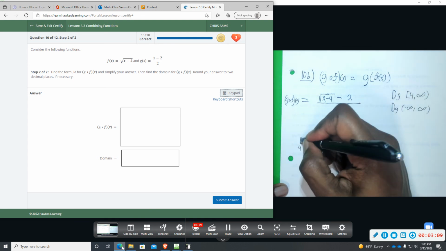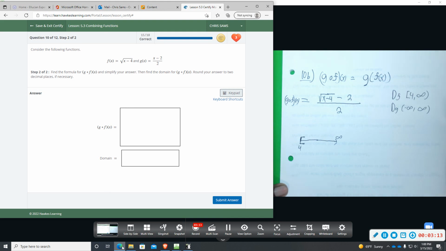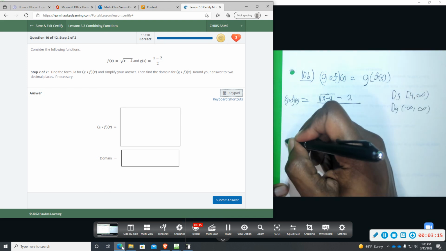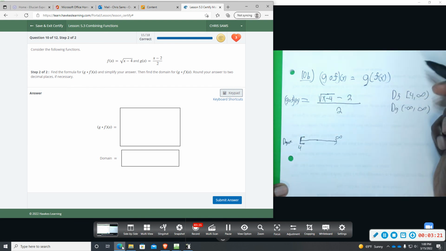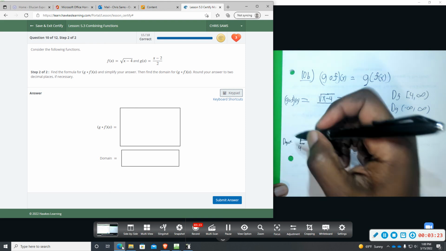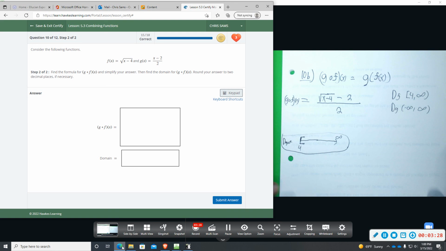So we don't get any new restrictive values there, and we don't have any logarithms. So our domain of G of F is the same as the domain of F, which is from 4 to infinity.